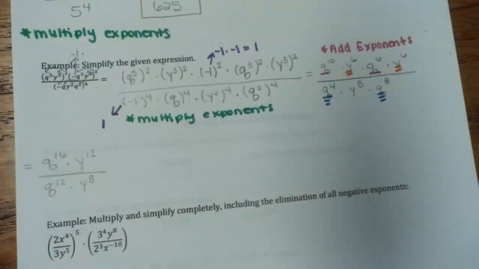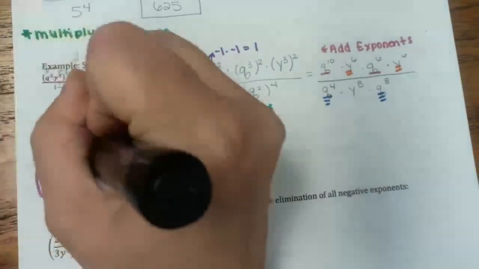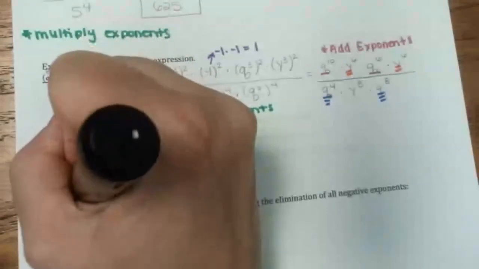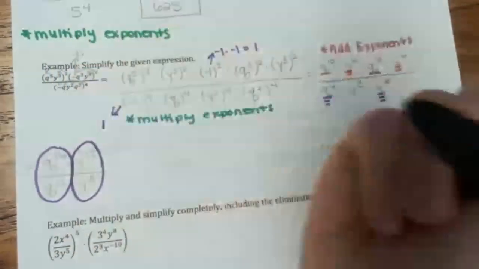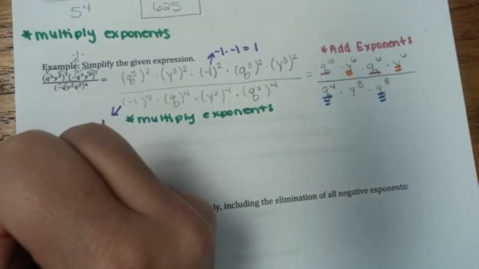So q to the 16th divided by q to the 12th. Likewise, y to the 12th divided by y to the 8th. Those are like terms, so I can combine them together. We are dividing, so that means we can subtract our exponents.